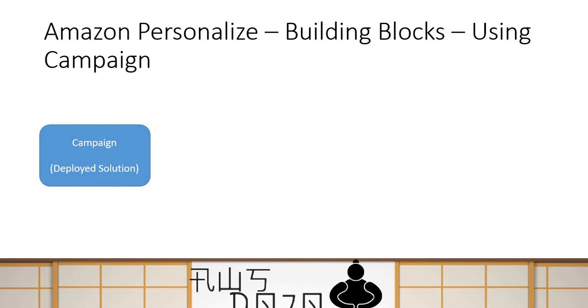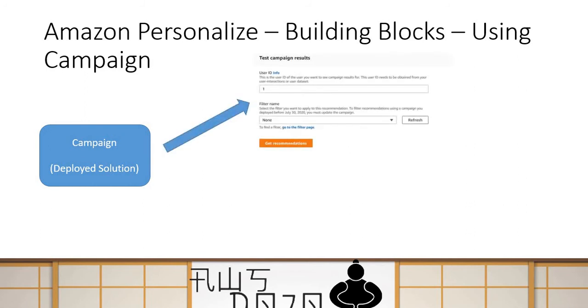So when you have got a campaign, you can use the campaign in two ways. One is in Amazon Personalize. There is a test campaign form where you can provide your user ID or customer ID, and then any kind of filter you want to put, and then you can get recommendation.